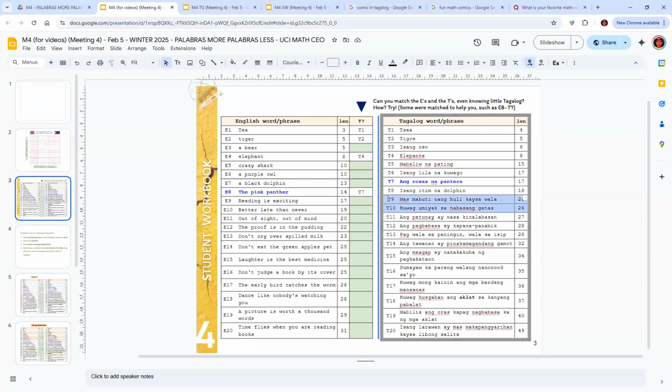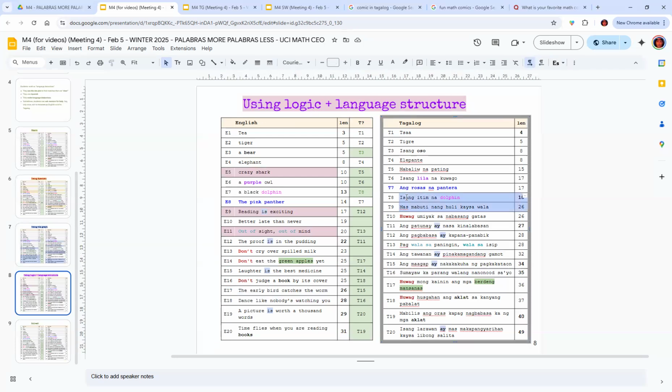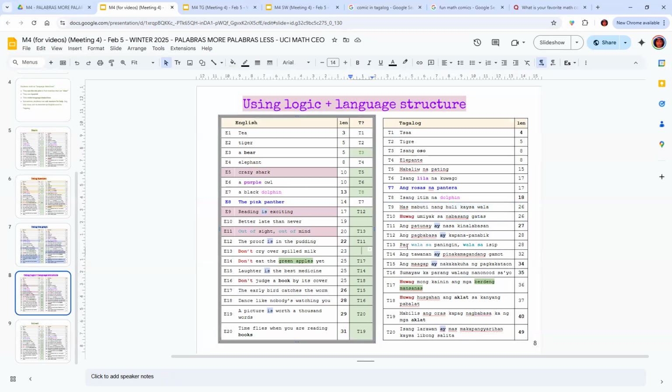So we're deciding between 9 and 10. And here what I'm gonna do is the HUAC. So HUAC, don't. So making that deduction, it has to be T10 here.